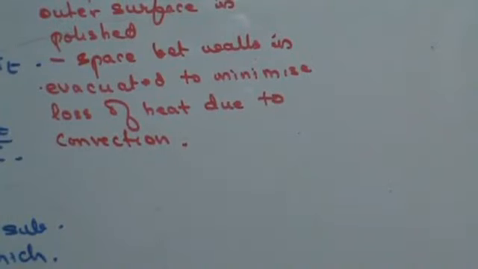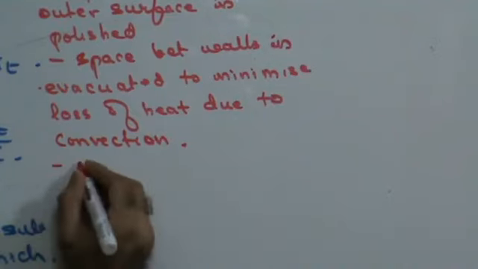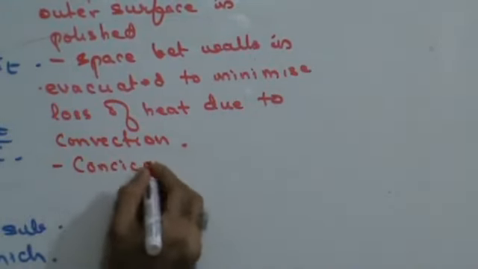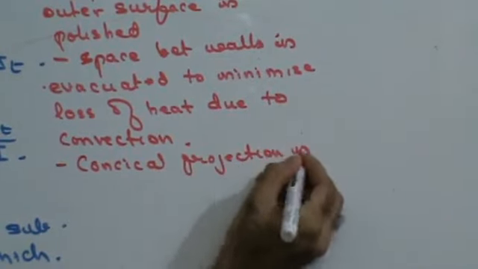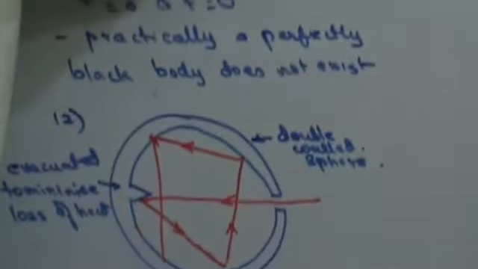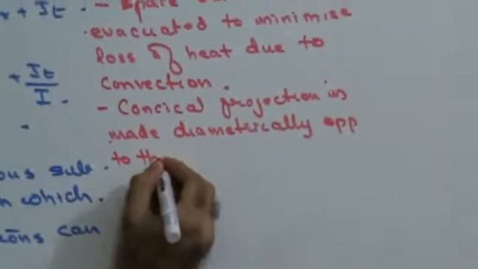A conical projection is made diametrically opposite to the hole.